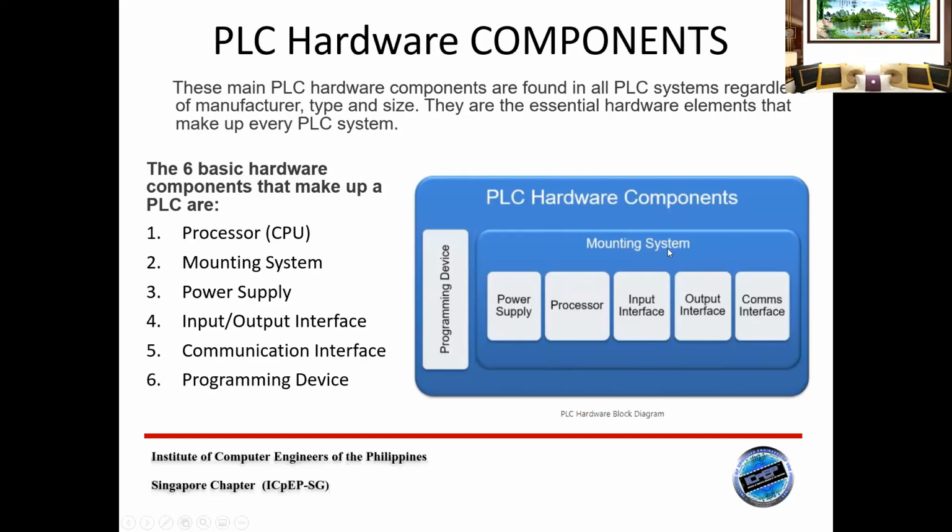For example, this one is a mounting system where the input and output is connected to your processor. You can also use another input and output module connecting to your communication interface. So it's a different module also. Your communication is through Ethernet IP or Profinet. It depends on your design.